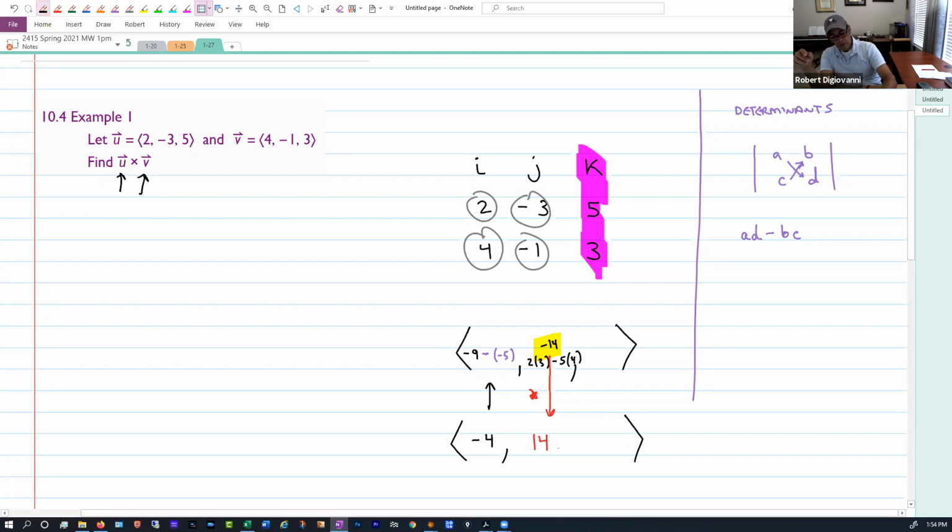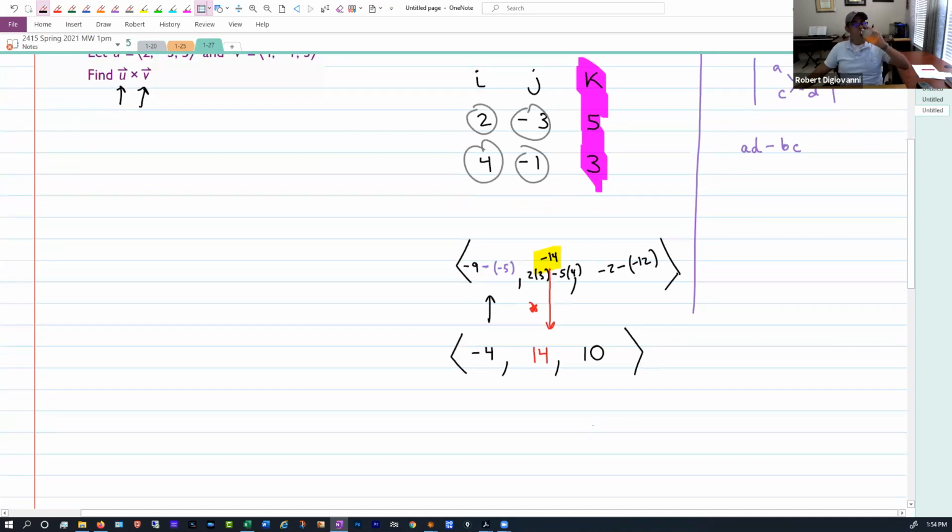So for this one, I'm going to do 2 times -1, that's -2. And then minus 4 times -3, that's going to be -12. So what do we get there? 10? Everyone got that?